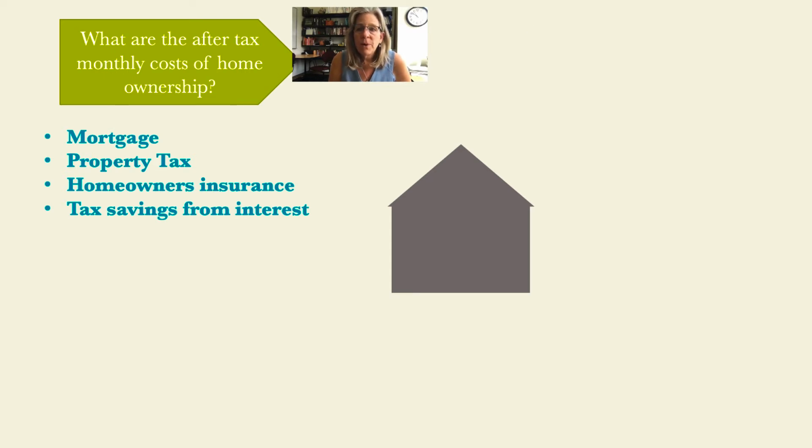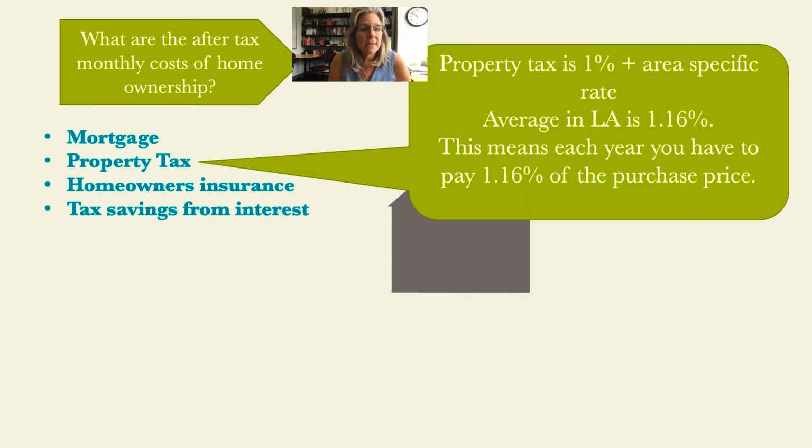So now we've decided this. The mortgage amount is $2,500 a month. The property tax is 1% plus area-specific rates. So 1% is the California property tax, and then there are other expenses associated with different municipalities. The average in LA is 1.16%, so I'm going to use this, although that's probably not anybody's actual amount.